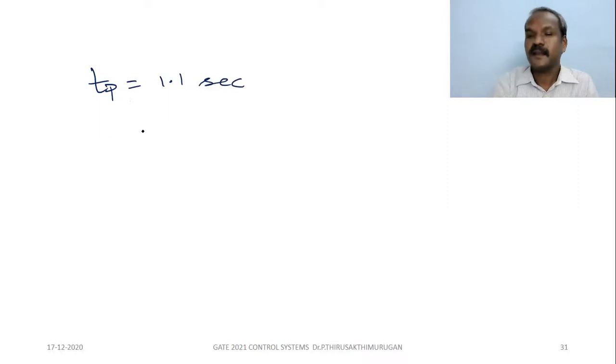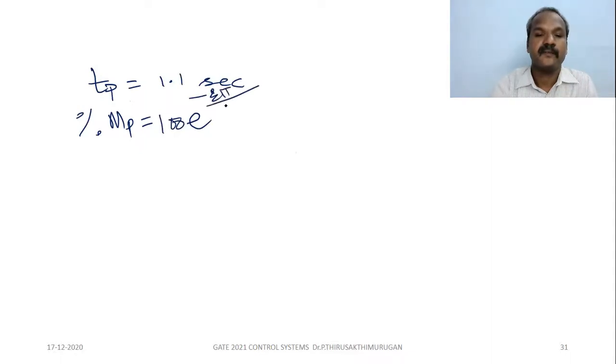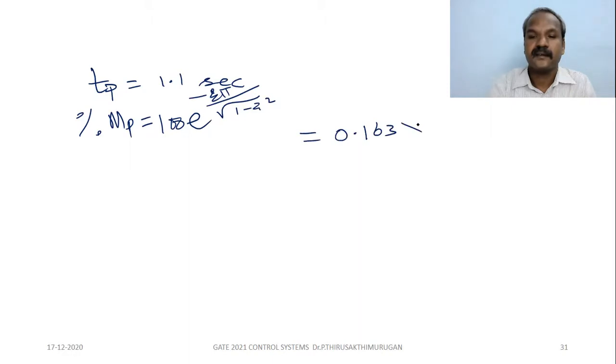Similarly, maximum overshoot: percentage overshoot is 100 into e to the power minus zeta pi divided by square root of 1 minus zeta square. Substituting the values here, 0.163 into 100%, so 16.3%.